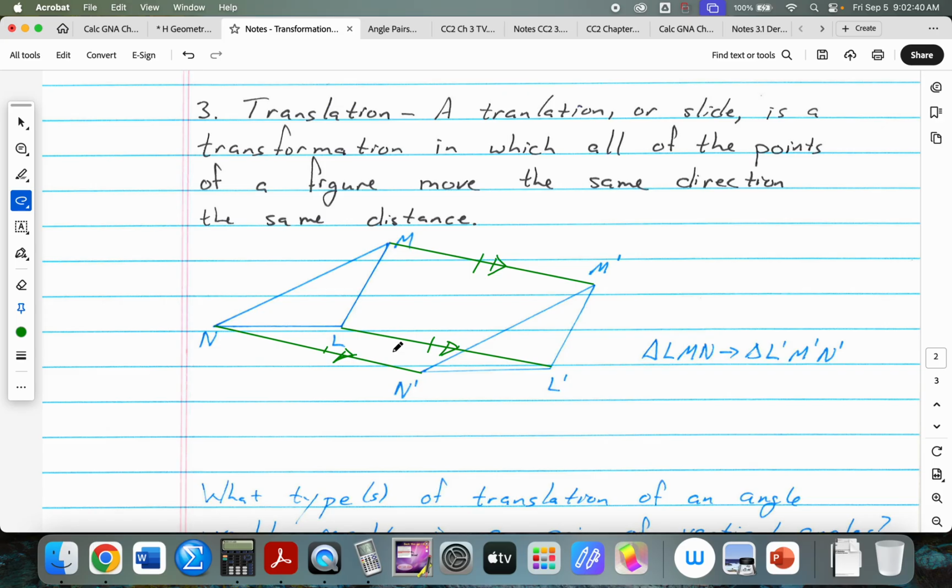Yes, ma'am? Before the LMN, is that a delta or a triangle? It's a triangle. How do you know the difference? That's a great question. In geometry, I don't think we ever use delta anything. Besides delta x and delta y?